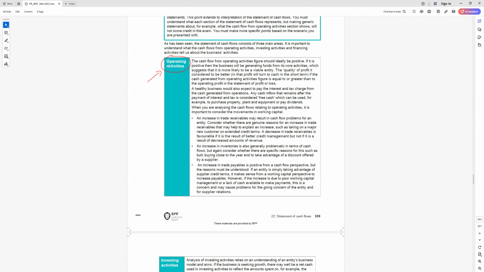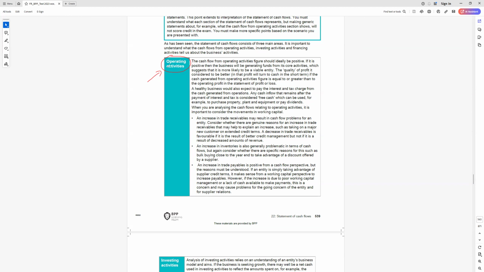Now, when you have operating activities, of course, we are looking at only the cash flow statement. There is a very good relation between the profit and the cash flow. Most of the time, if the business is consistent and healthy, that means the business is doing really well, and however much they make in sales, they are getting this money back from the customers on time, or they're paying the supplier on time.